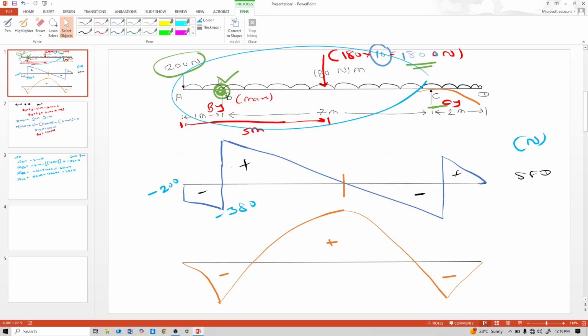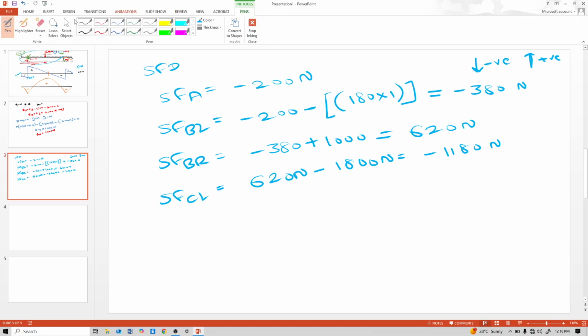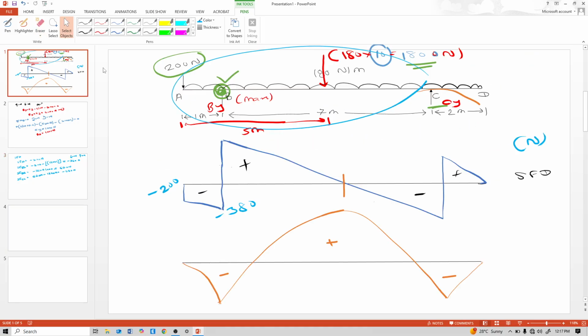I think this should be 180 into 7, only consider 7 here, because this 10 is for the total beam length, but we are considering only this load, so don't take this 10, only consider 7.